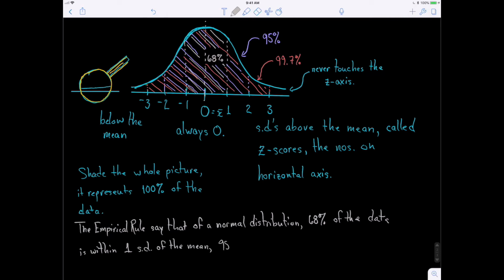It says 95%, which is exactly what our picture is. I'm just putting it in words. 95% within 2 standard deviations of the mean, and 99.7% within 3 standard deviations of the mean.